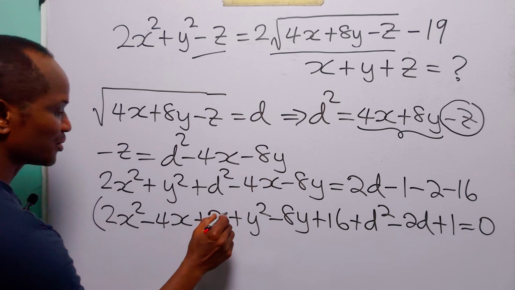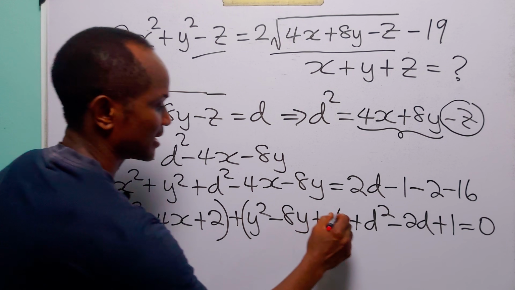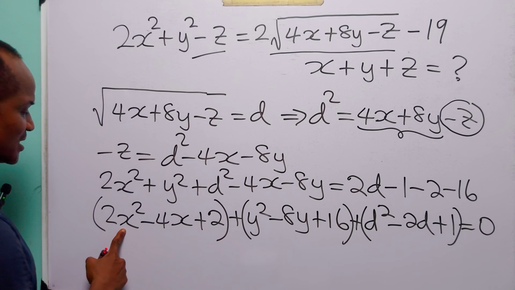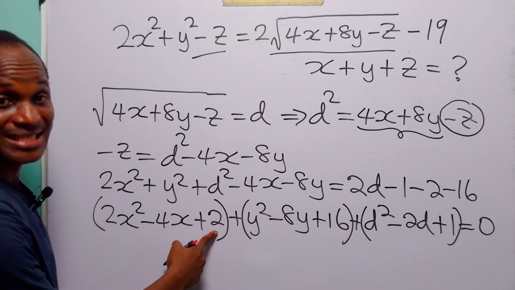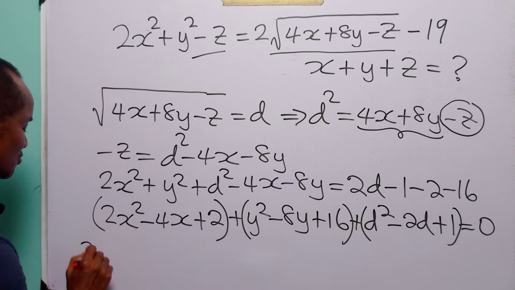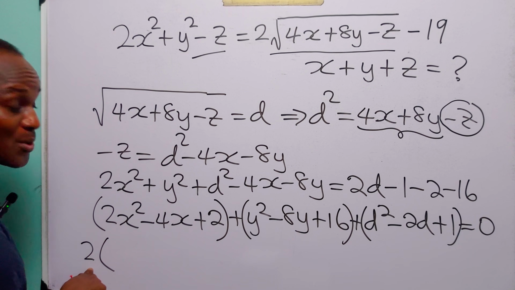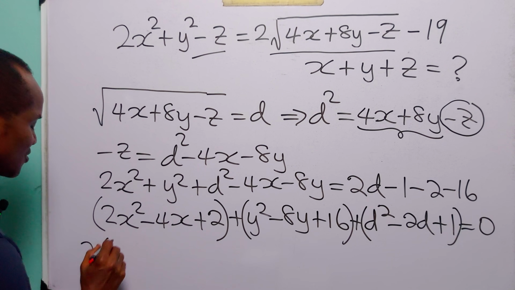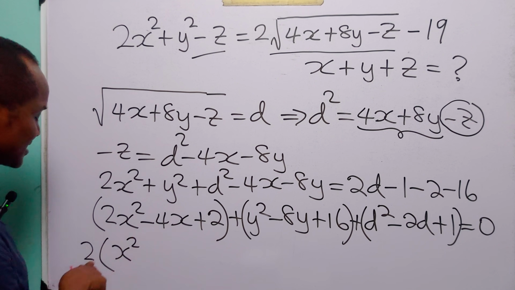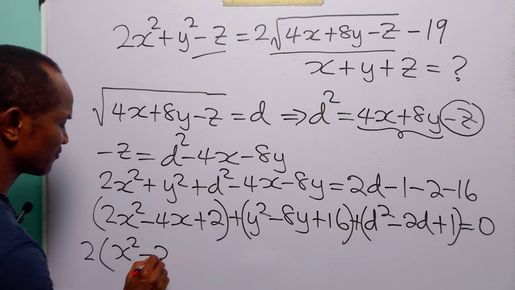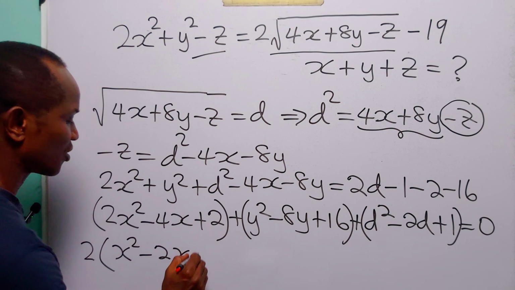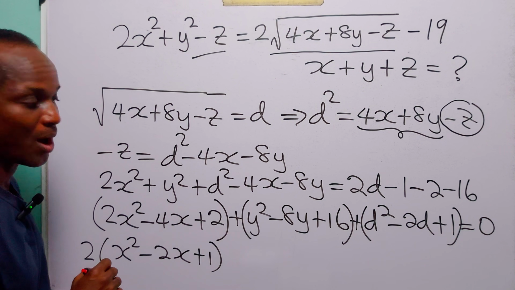Now, if we group these terms, this is what we have. Notice that these three terms have a common factor, which is 2. So we have 2 into 2x squared divided by 2 is going to give us x squared, minus 4x divided by 2 is going to give us minus 2x, and 2 divided by 2, of course, is going to give us 1.